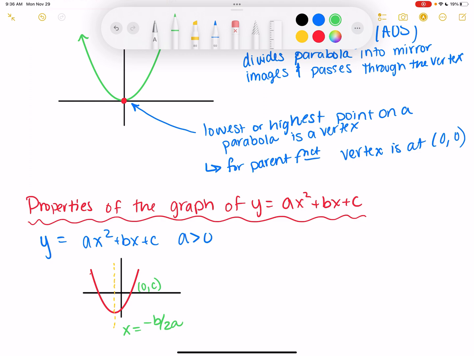I'll draw these and then I'll talk about them in a second. And then I'm also going to do one for if a is less than 0.